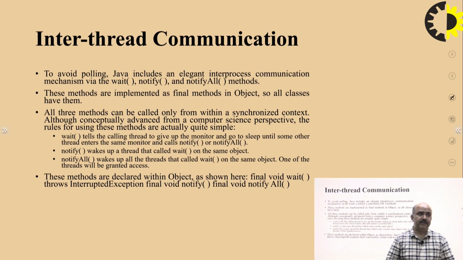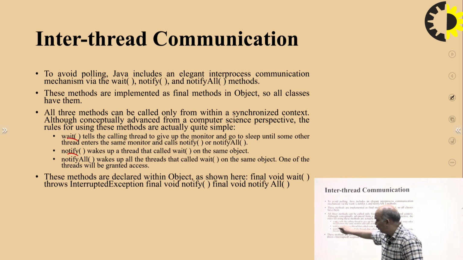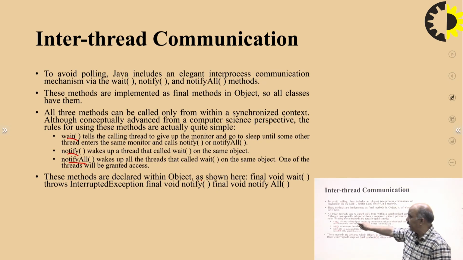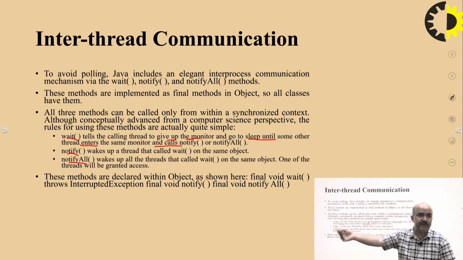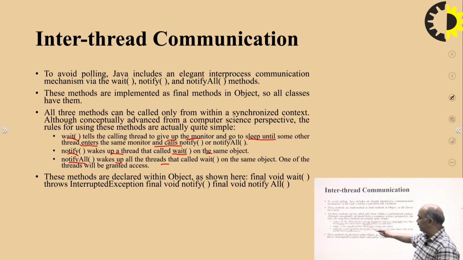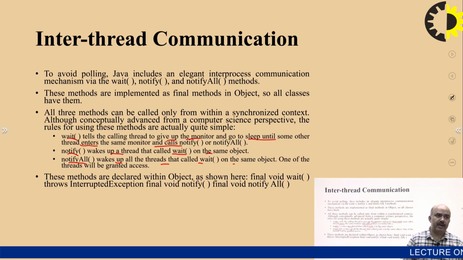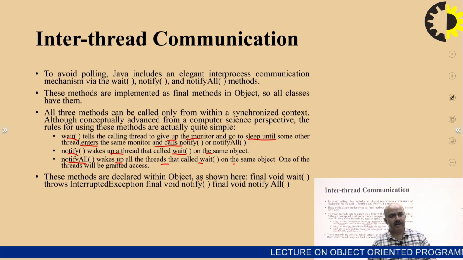Wait tells the calling thread to give up the monitor and go to sleep until another thread enters the same monitor and calls notify or notifyAll. Notify wakes a thread that called wait on the same object. NotifyAll wakes all the threads that called wait. These methods are declared in Object as final void wait, which can throw InterruptedException, final void notify, and final void notifyAll.